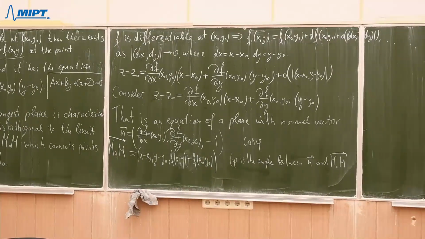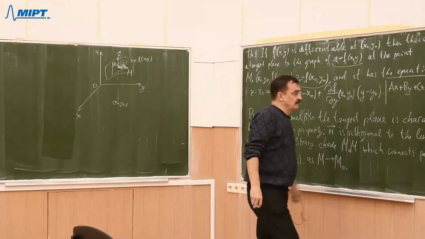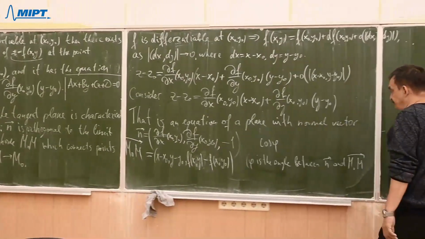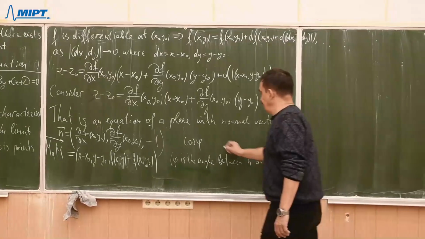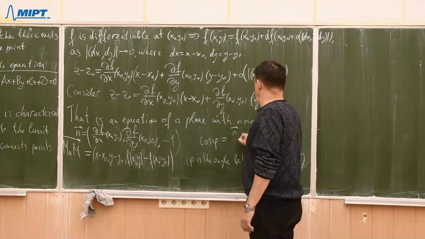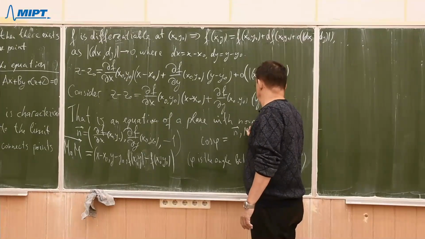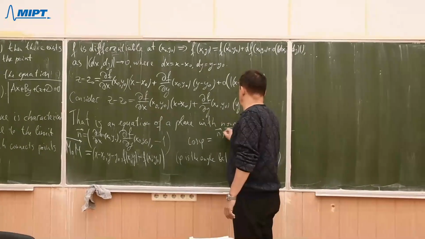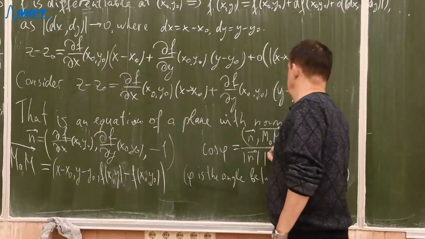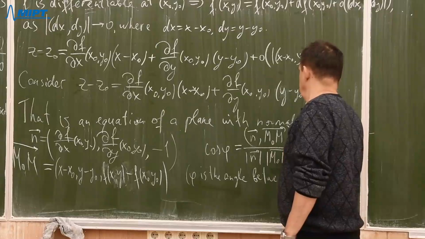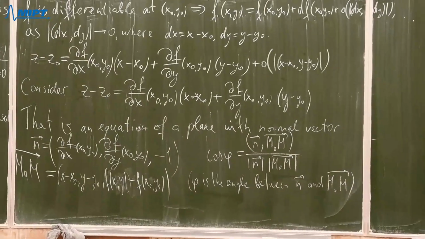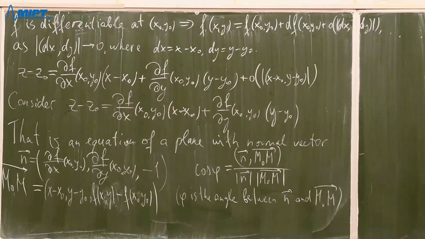Here is angle phi. That is the angle phi between n and M naught M. So cosine phi can be written as the scalar product n times M naught M divided by the product of lengths. That is a formula from analytic geometry: the cosine of the angle between two vectors.